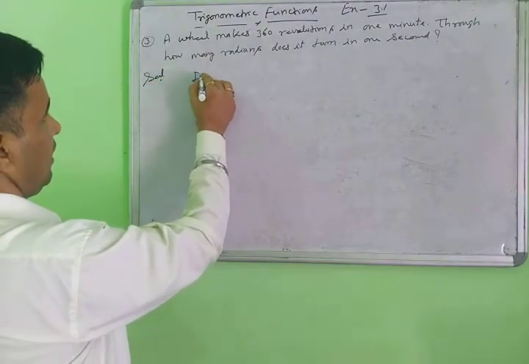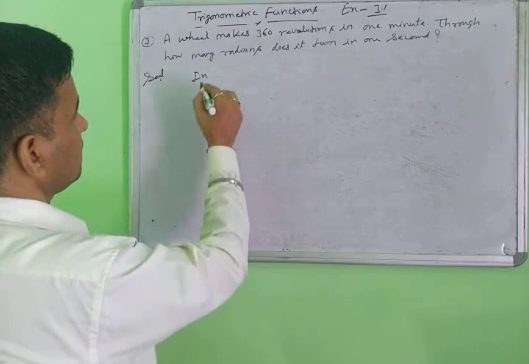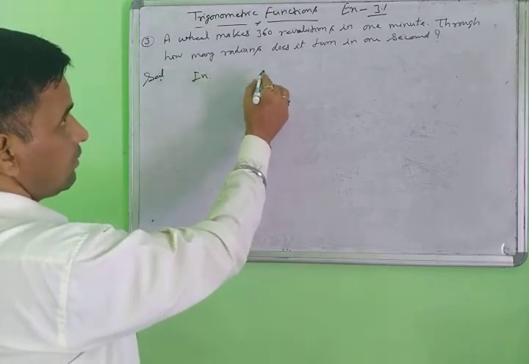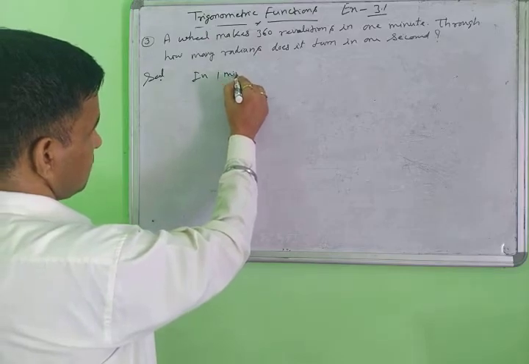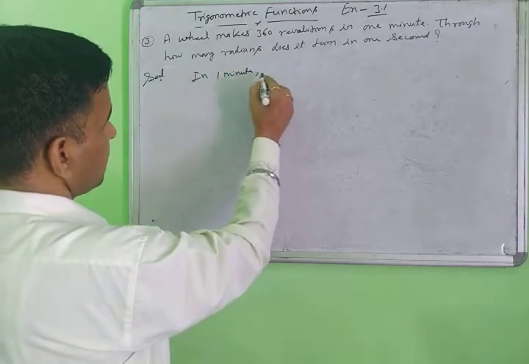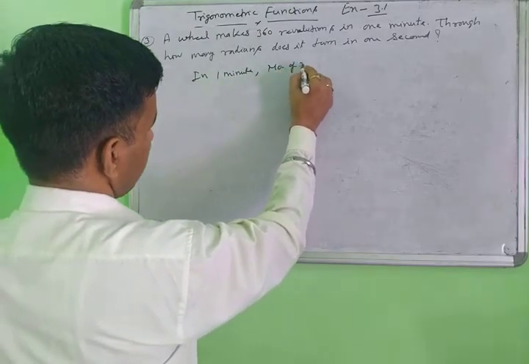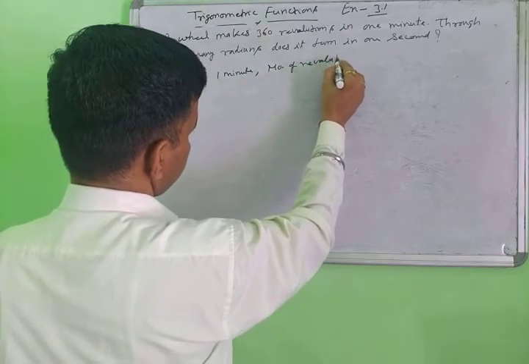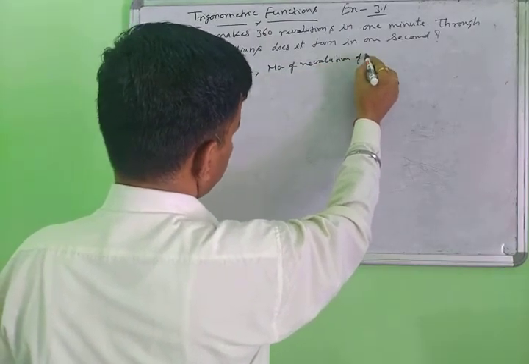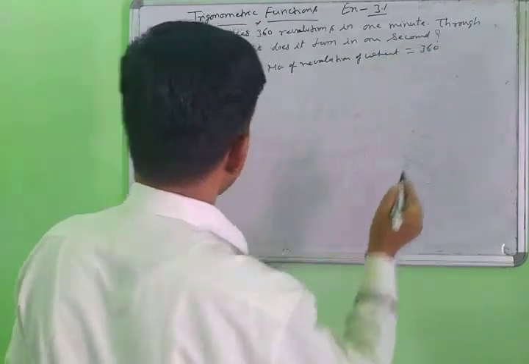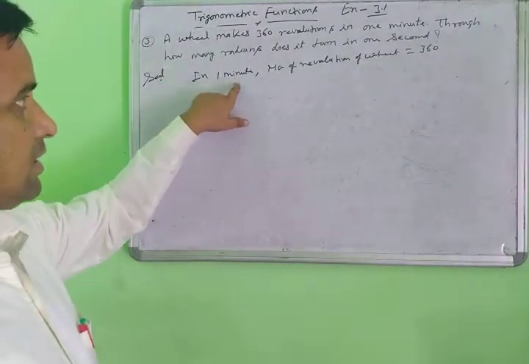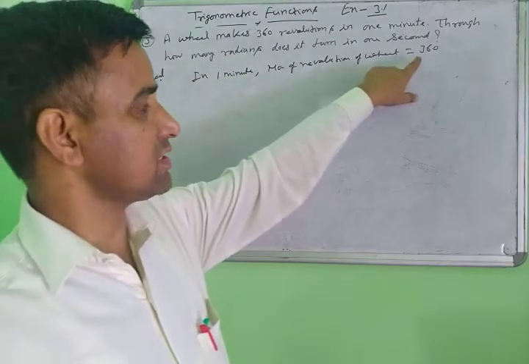Solution. In 1 minute, the number of revolutions of the wheel is equal to 360. How many in 1 minute? The number of revolutions of the wheel is 360.